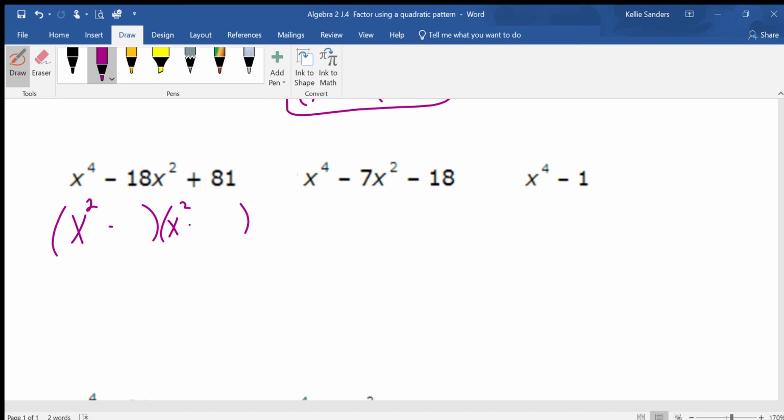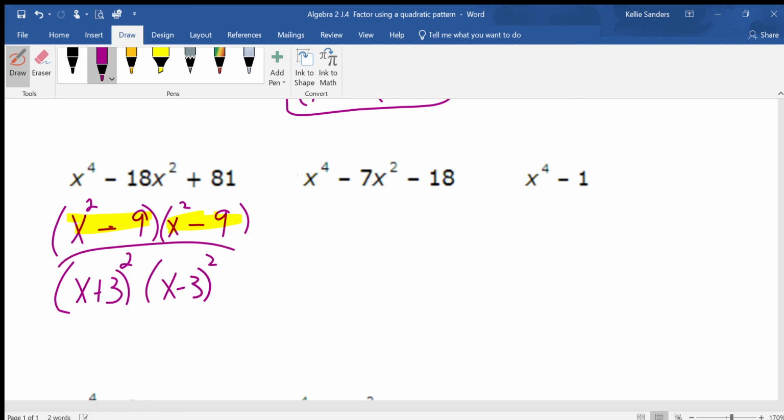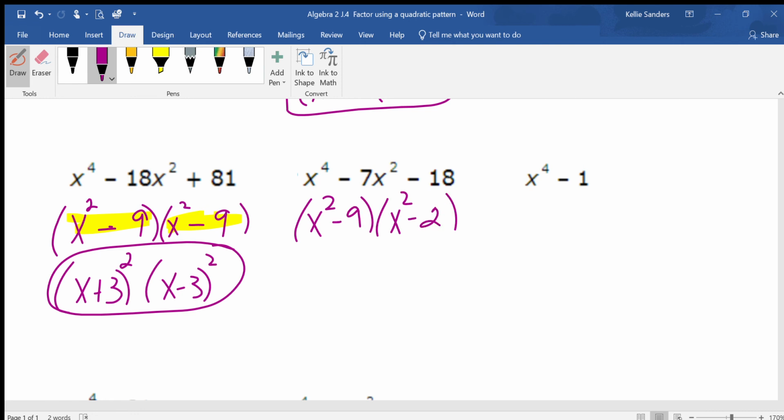Minus and minus, 9 and 9. So again, these are exactly the same thing, but both of them are difference of squares. So if you know you're going to have x plus 3 twice, and you know you have x minus 3 twice, kind of save yourself a little bit of time. X squared minus 9, minus 2.